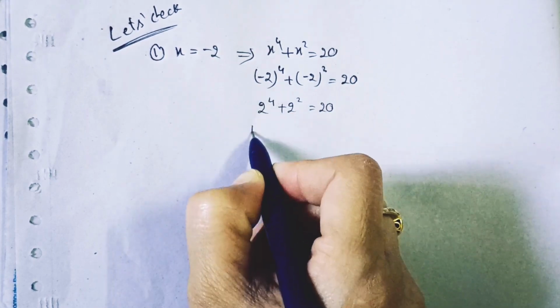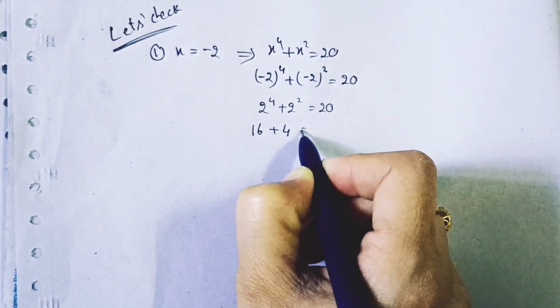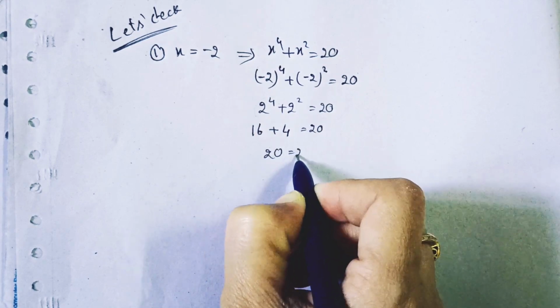We know that 2 to the power 4 is 16 and 2 squared is 4, equal to 20. Therefore LHS equal to RHS.